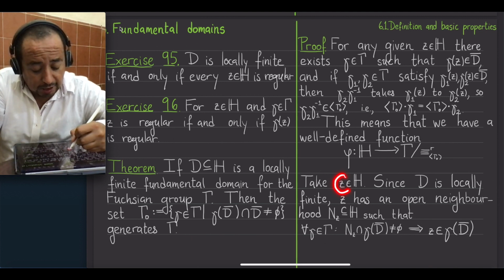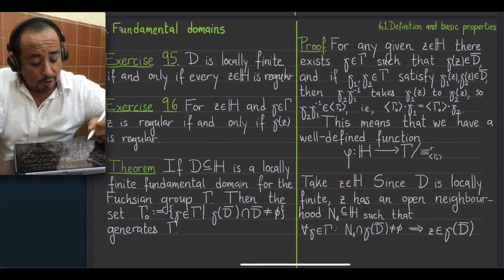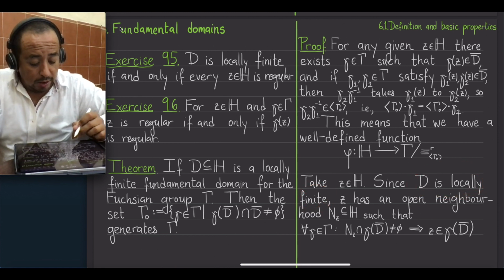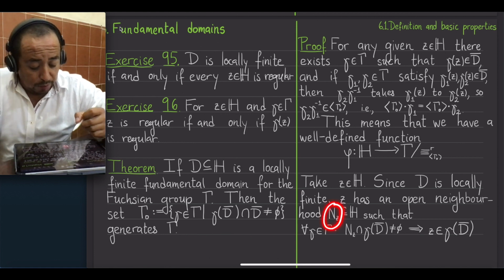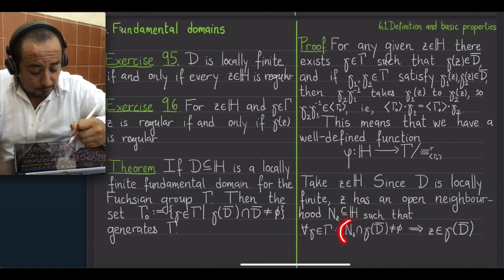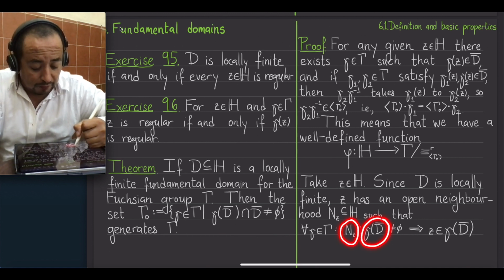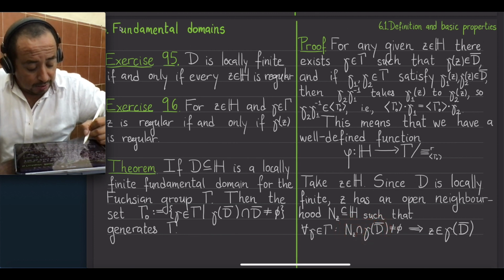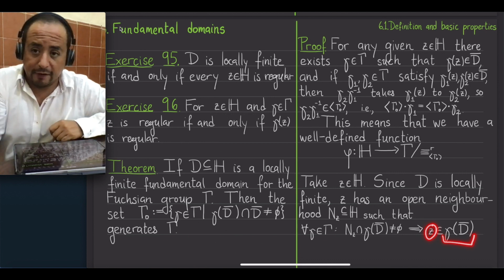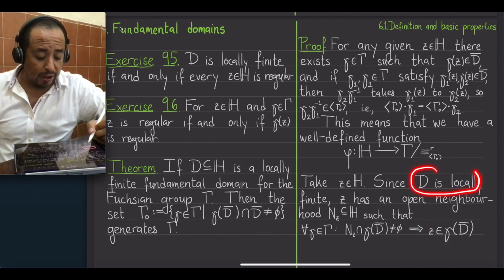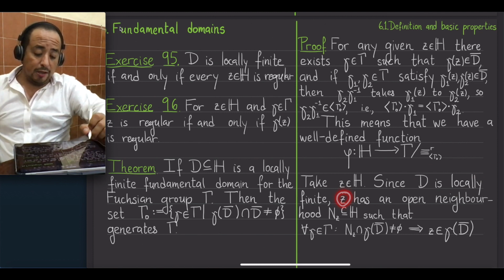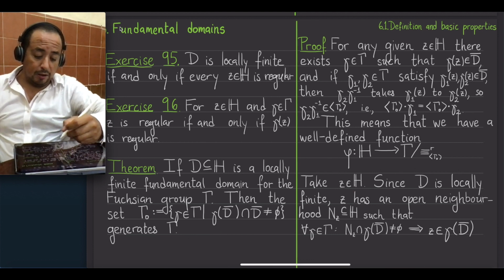Okay, so take any element of H again. So since D is locally finite, recall that we showed that there is an open neighborhood with the property that whenever that neighborhood intersects a translate of D bar, then Z was already in that translate, right? And we used local finiteness because we said, first take any compact neighborhood of Z, that one intersects only finitely many gamma translates of D bar, right?